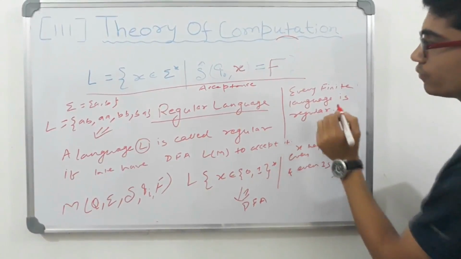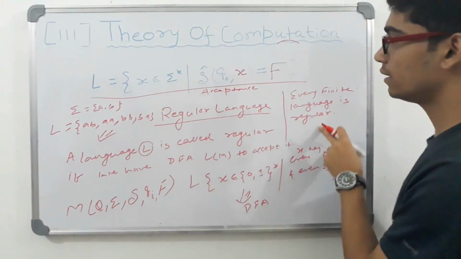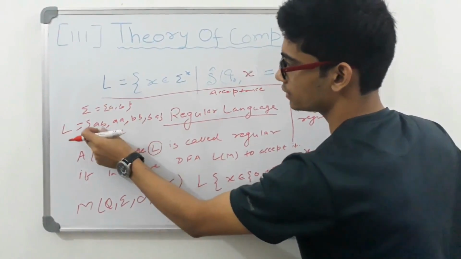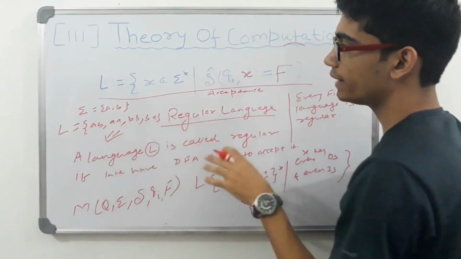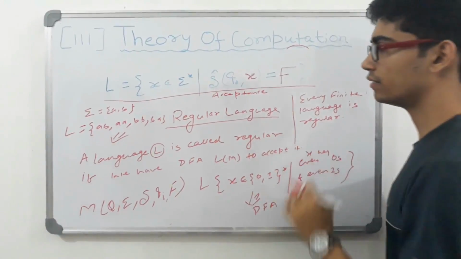So we can draw a DFA for a finite language, because these strings are finite, so we can draw a finite number of states, and we can conclude that finite languages are regular.